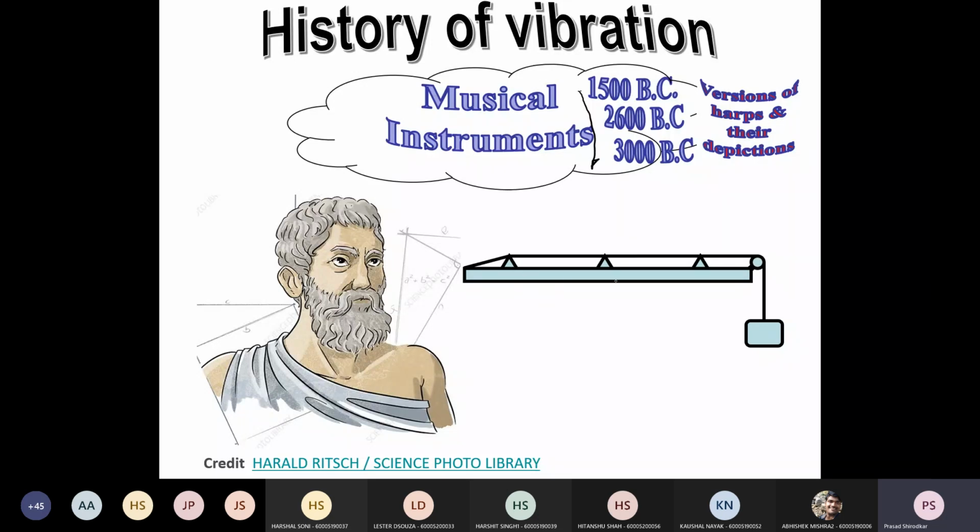There are some knife edges, and to maintain tension in the string, he suspended a weight at the other end, passing over a pulley. He used to pluck the string, and he found that when you change the distance between the knife edges, the notes coming out of this instrument changed.